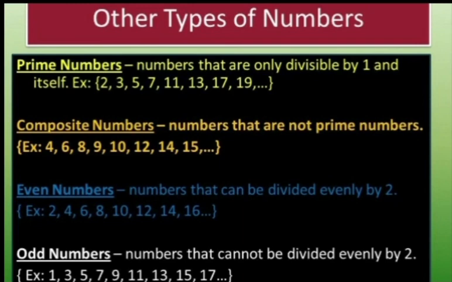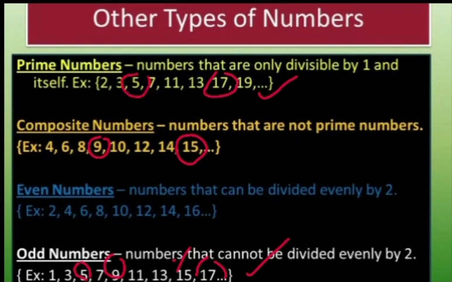So, students must understand the difference between prime numbers and odd numbers. 17 is an odd number and also a prime number. 15 is an odd number, but it is a composite number. 9 is an odd number, it is a composite number. 5 is an odd number and it is a prime number.